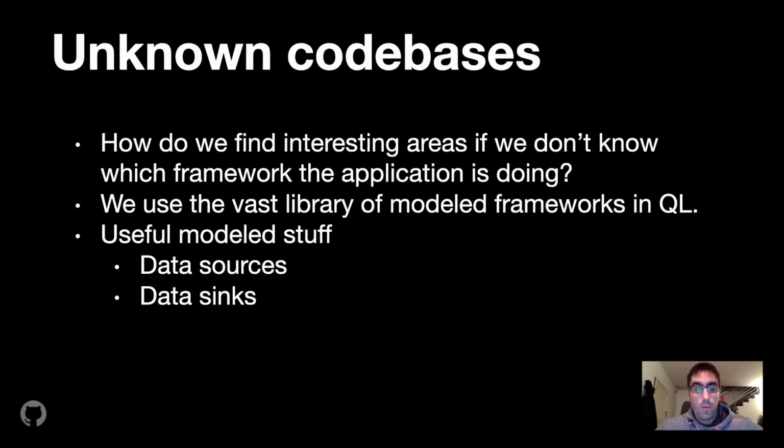This is very useful for us, but what happens if we are in a code base that is not known to us, and we want to quickly locate the entry points to the application, and where are the security sensitive areas? To find the entry points, we are going to use the already modeled sources and sinks from the data flow libraries. So what is a source? A source is an attacker-controlled origin of data.